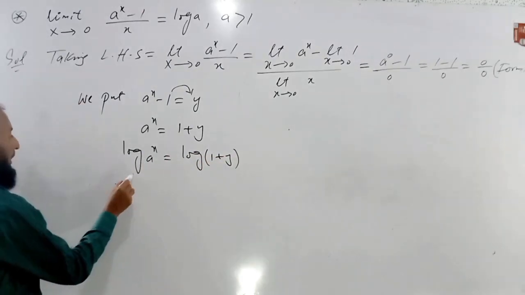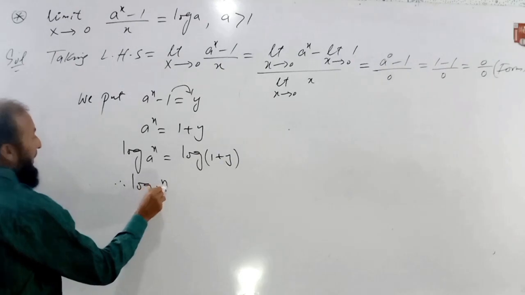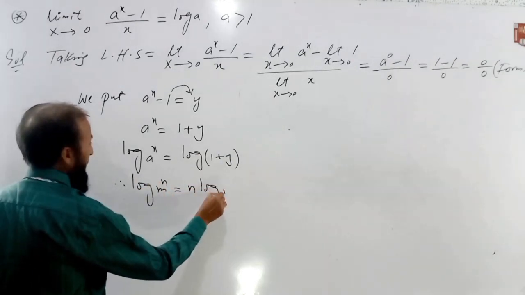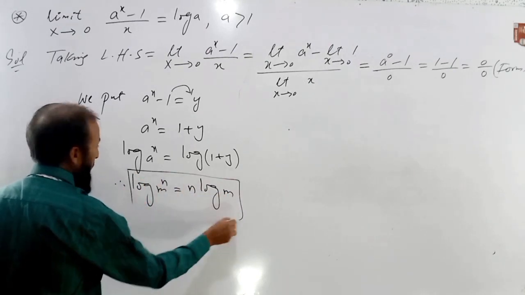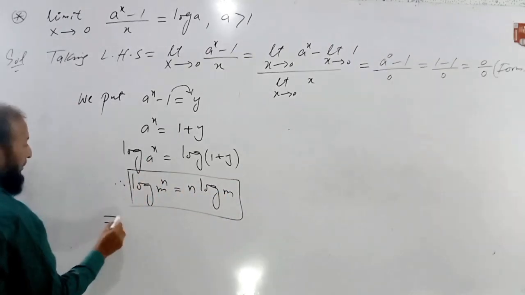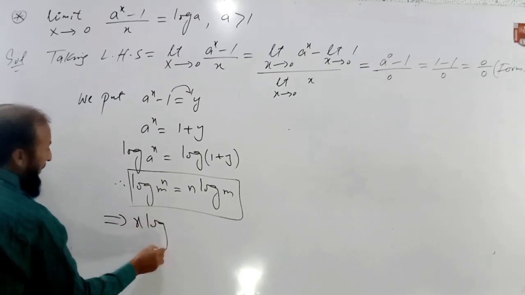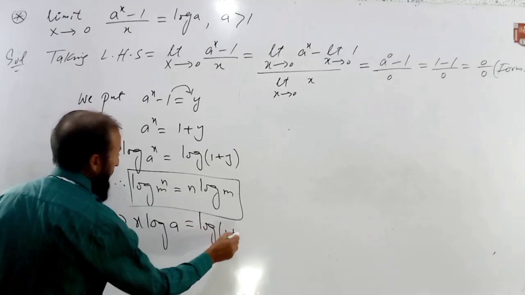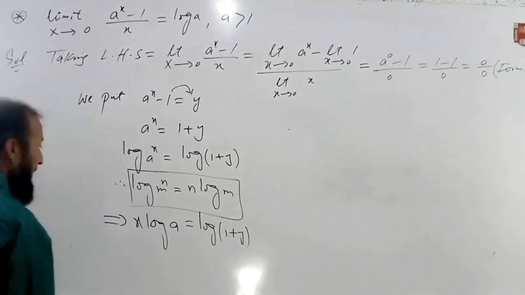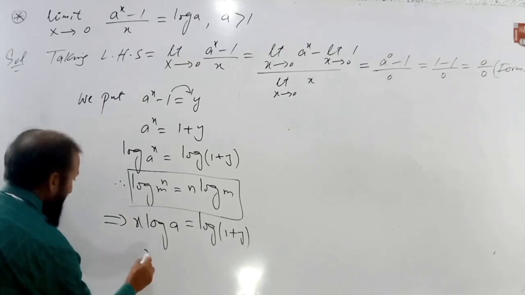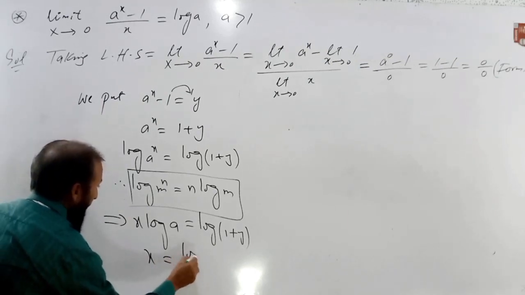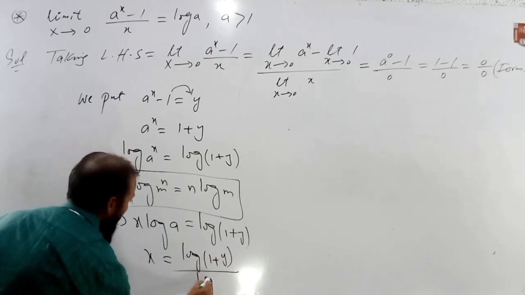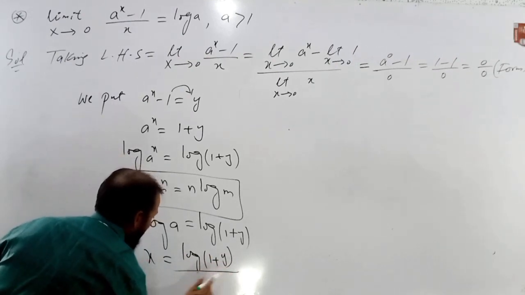So according to the logarithm rule, m power n exponent rule, we change n here to the coefficient of log of m. According to this rule, we apply on both terms: x log of a is equal to log of 1 plus y. Here x is equal to log of 1 plus y divided by log of a.